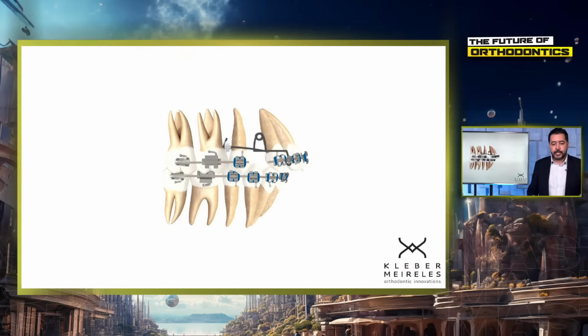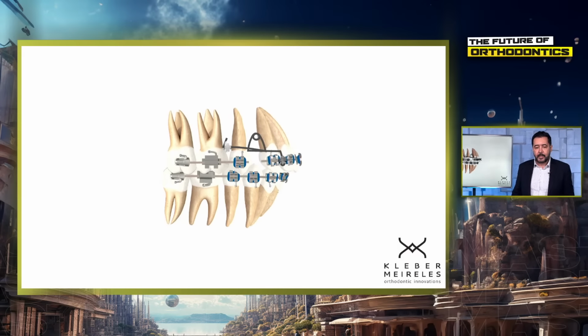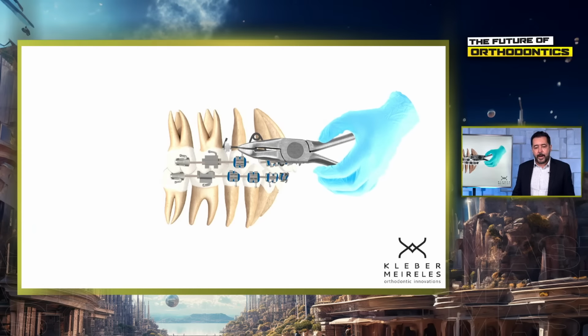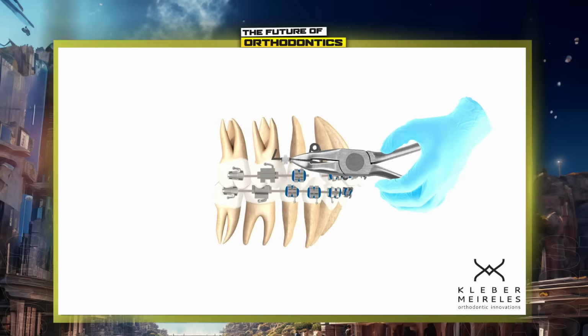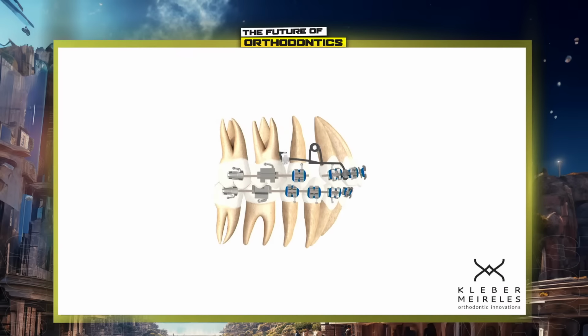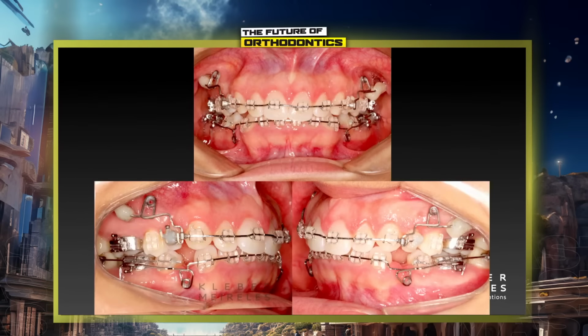No friction here. We give to the system more efficiency. And we wait until we have the correction of the torque in the anterior segment. And again, we do the activation. This is how we do that and how we fasten up mechanics. This is what we're going to have in such cases.